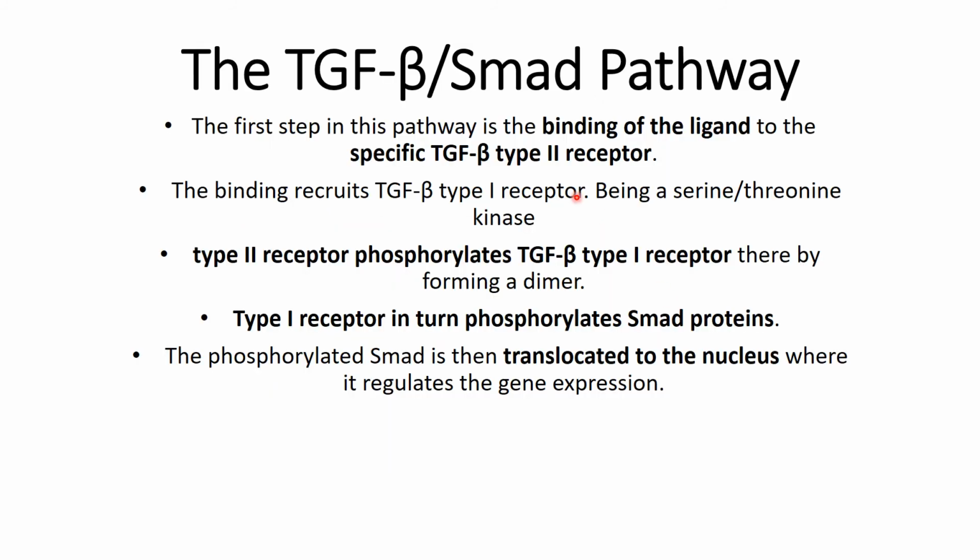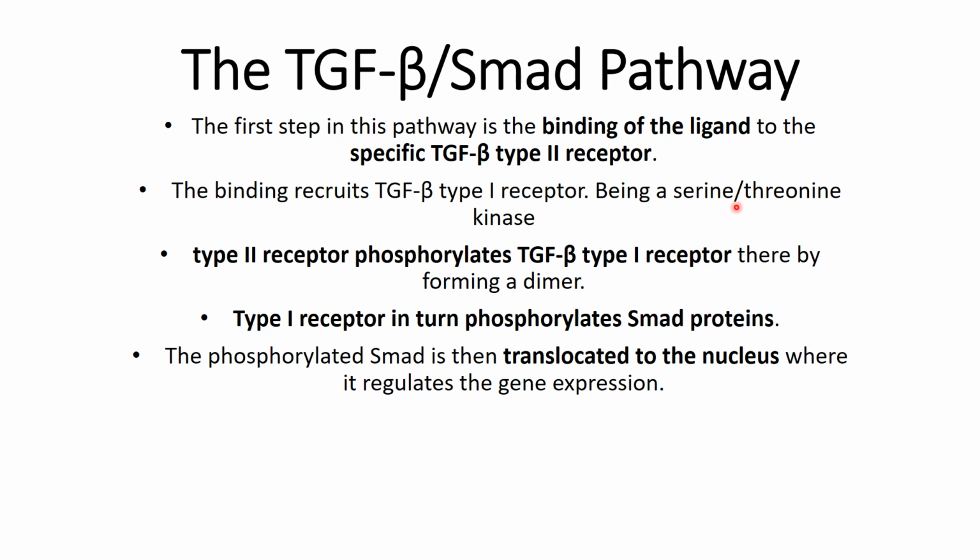Now comes the SMAD pathway. Here the TGF beta SMAD pathway is shown. In this pathway, the first step is the binding of the ligand to the specific TGF beta type 2 receptor. The binding recruits the TGF beta type 1 receptor also.